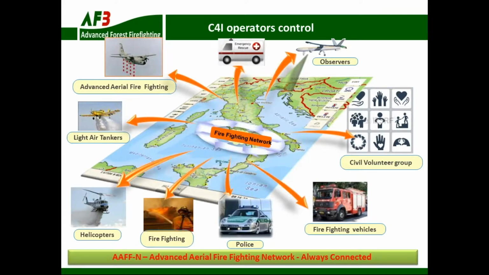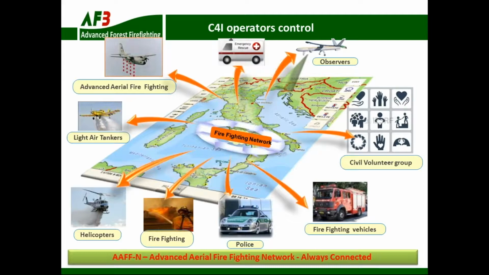So we can command the UAV to go and observe an area that is interesting. We can send the police to block roads, and we can see it, of course, on the map and know that the police are there blocking the roads. Firefighting is sent by the commander to a place to start work and to start extinguishing the fire.